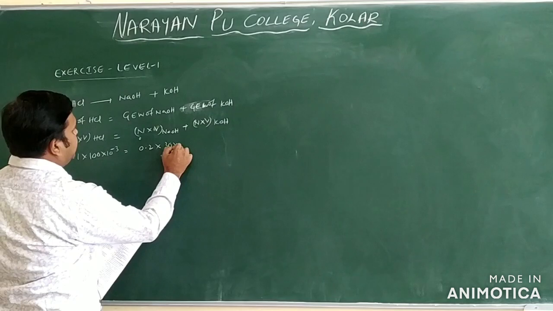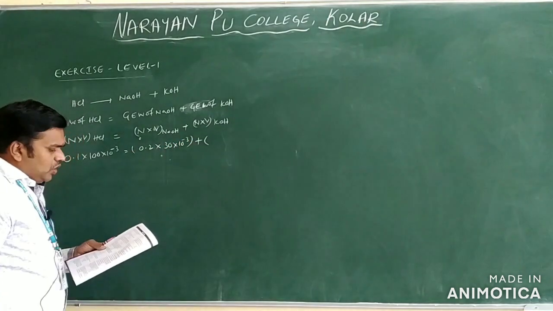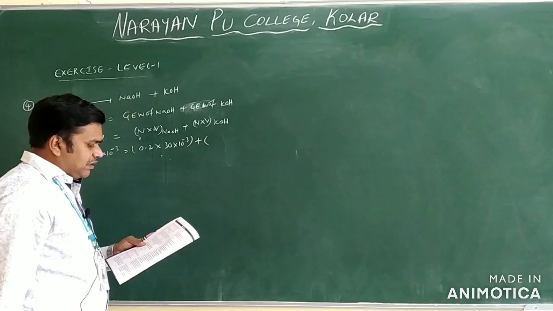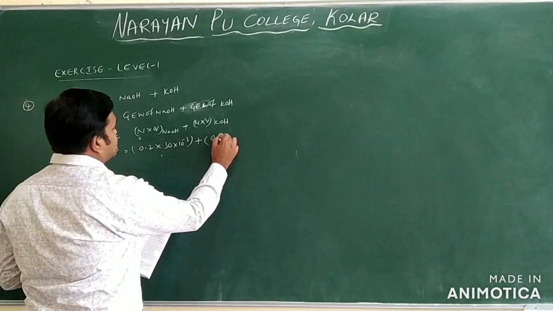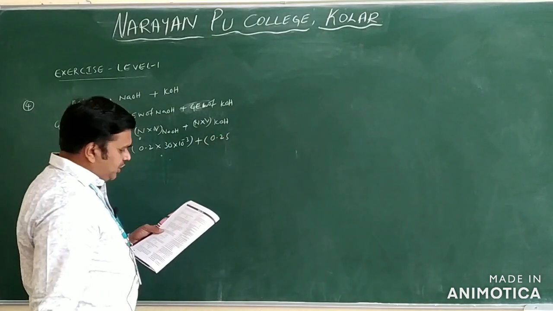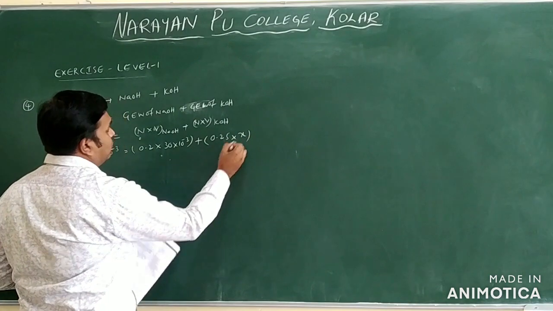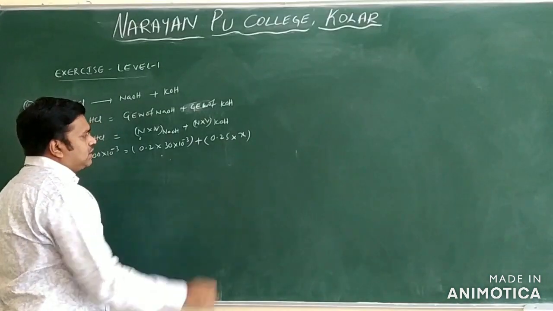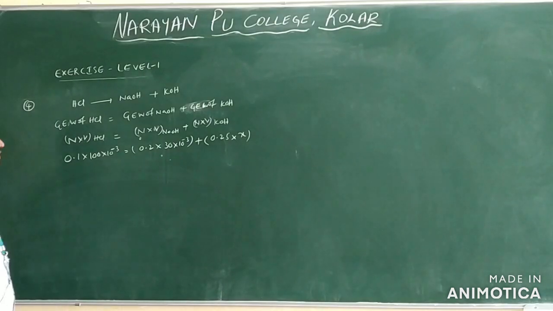You will write here 30 into 10 power minus 3 plus. Next, the remaining titration was completed by adding 0.25 normal KOH, 0.25 into the volume of KOH required. We take that unknown volume as x only. Clear? Now we will do the simplification.